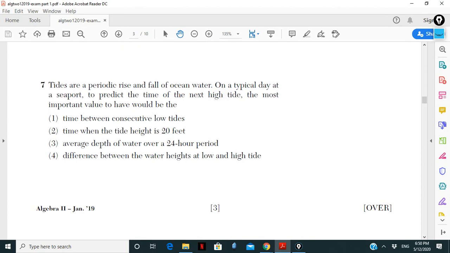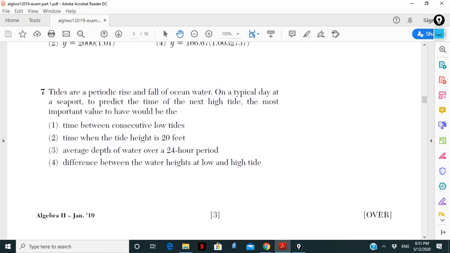Question number 17. Tides are periodic rises and falls of the ocean water on a typical day at a seaport. To predict the time of the next high tide, the most important value to have is the time between consecutive low tides.